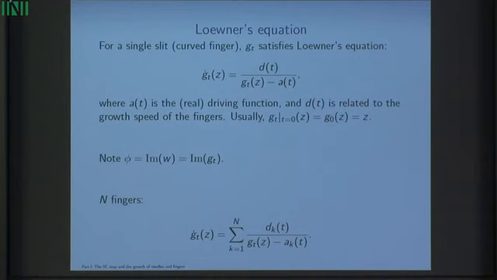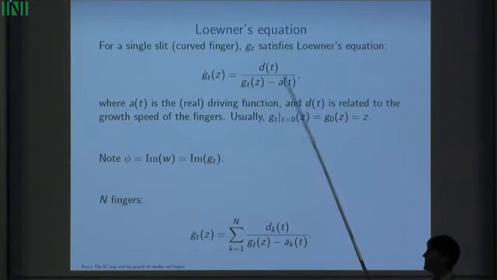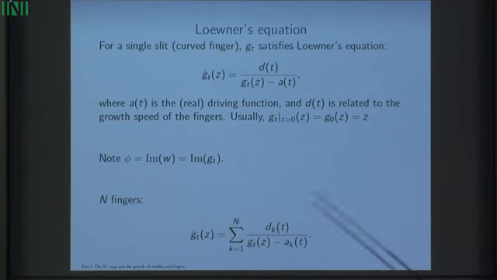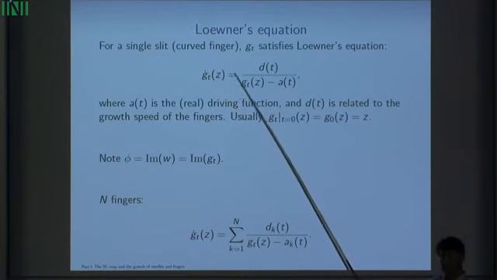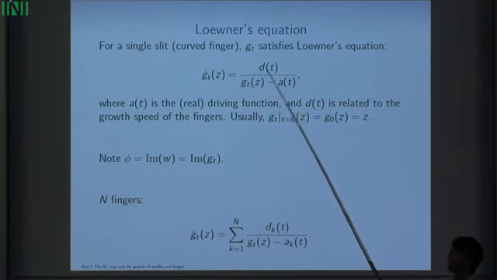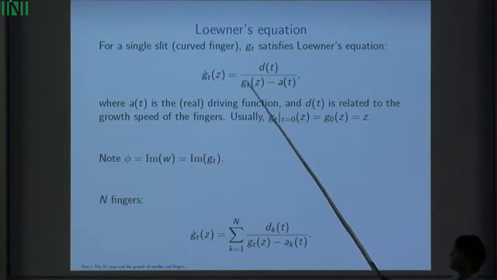Okay, well, there's a very classic tool for computing the time evolution of slits in the upper half plane, and that's Loewner's equation. For a single slit, and by the way, this has been around since the 1920s, it's a classic tool in univalent function theory, but it also becomes really rather useful here. So the time derivative of the map is given by some function d of t, which controls the growth of the finger, the speed at which it grows, and it has this form in the denominator.